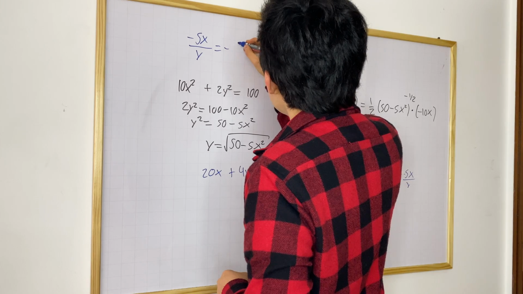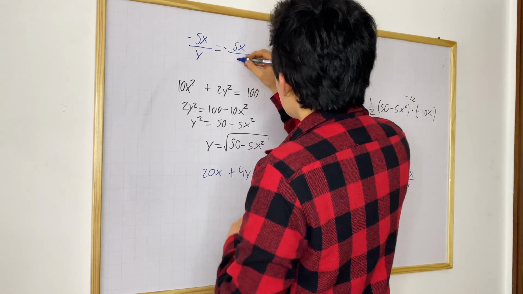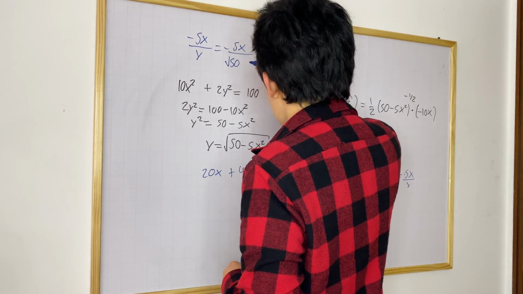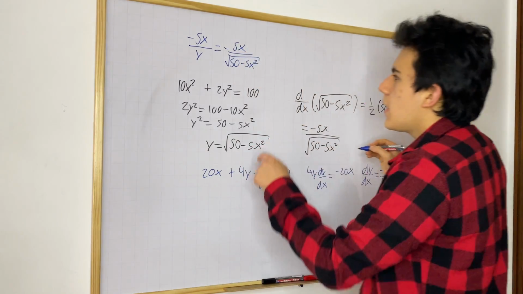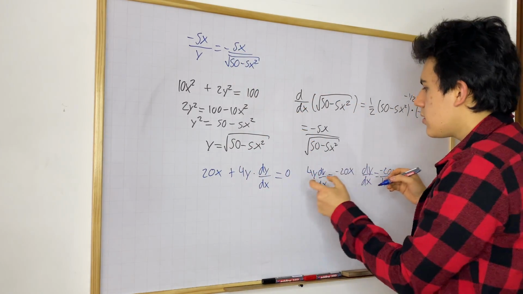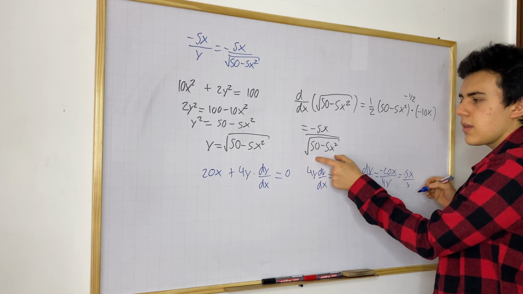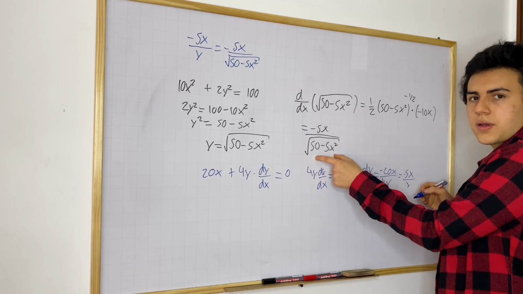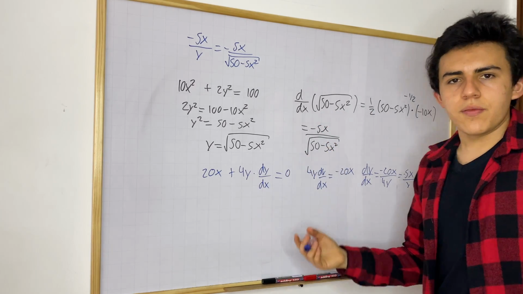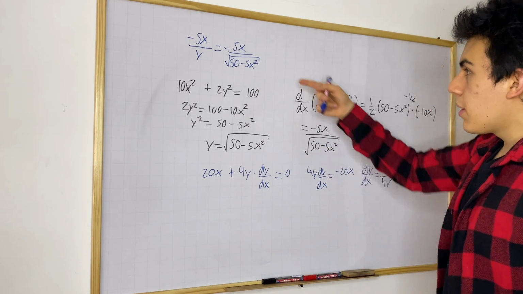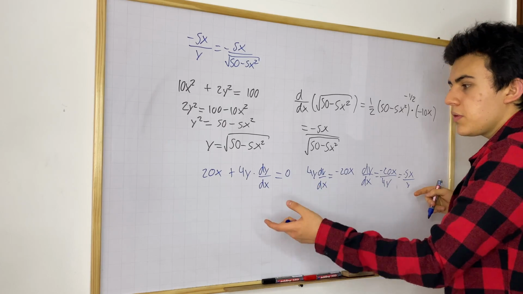Well, you're going to have minus 5x over the square root of 50 minus 5x squared. And this is how much you get. You see, that's the exact same thing that we had up here. And how do we get this? Well, just using the normal derivative method. But in this case, we used implicit differentiation.